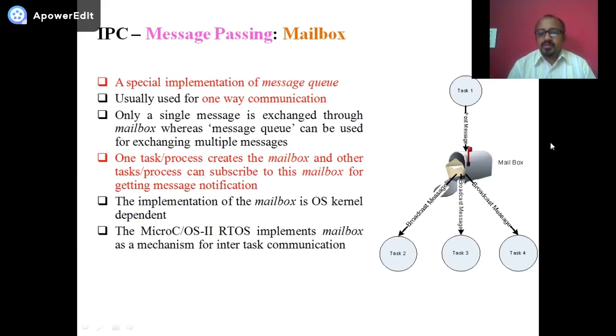This is also a memory structure only. The one task process creates the mailbox, and the other task process is subscribed to this mailbox for getting the message notifications, and then they will read the data from that. This implementation of the mailbox is OS kernel dependent. It depends on OS to OS.